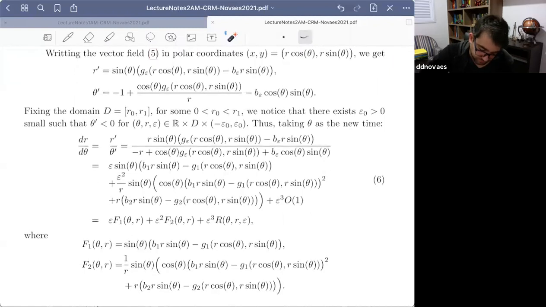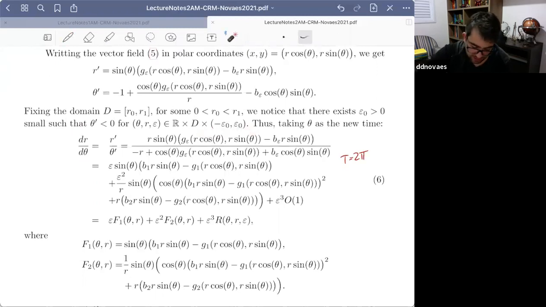So this difference equation is a non-autonomous difference equation, a periodic non-autonomous difference equation, because the dependency on theta is always in trigonometric functions. So it's 2 pi, t equal to pi.